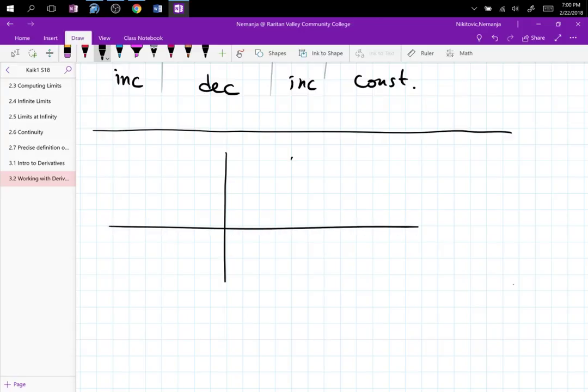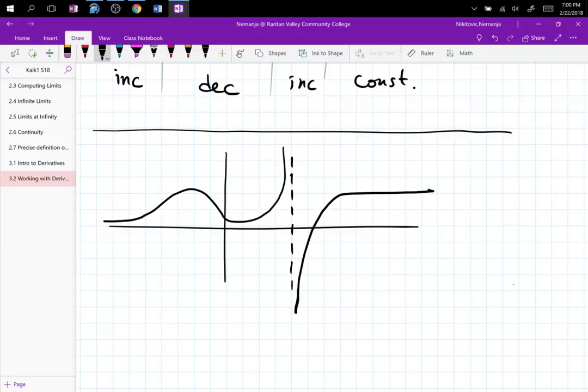I'm going to put the vertical asymptote over here. I'm going to let the function have this piece. On the other side, it's going to go like this, and then end up being flat again.